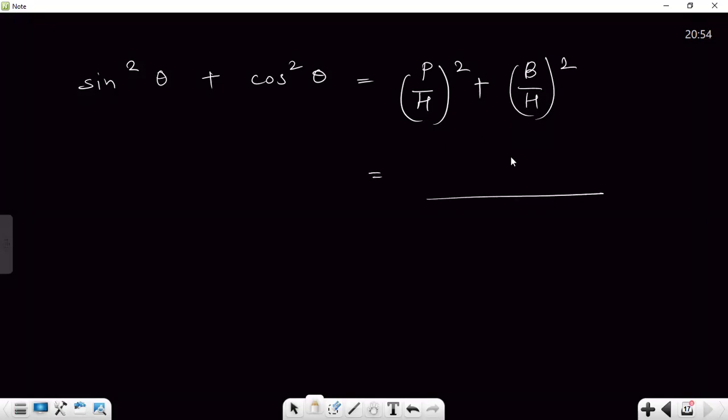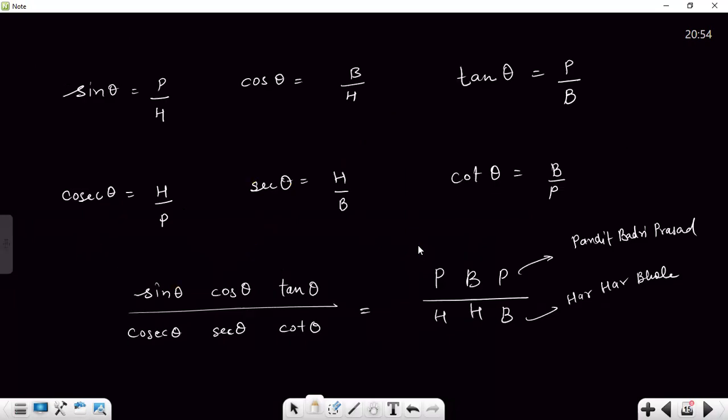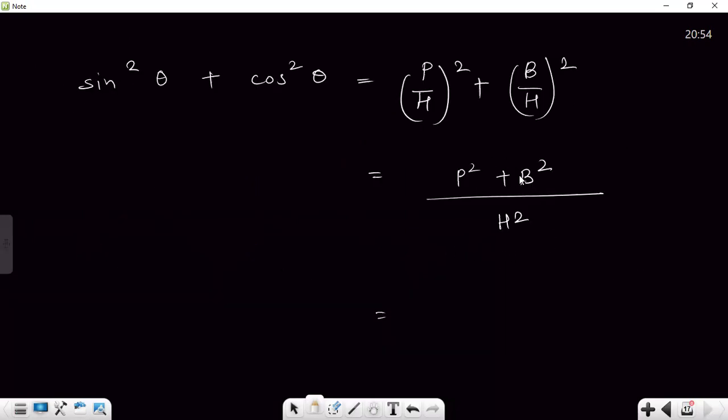If we solve it, take h square as the LCM: p square plus b square upon h square is equal to sine square theta plus cos square theta. We know one thing for sure, that in a right angle triangle, according to Pythagoras, perpendicular square plus base square is equal to hypotenuse square. And here, perpendicular square plus base square also becomes hypotenuse square.